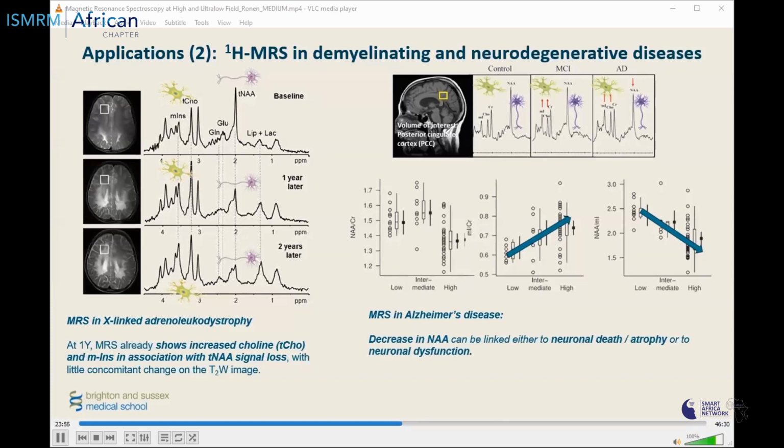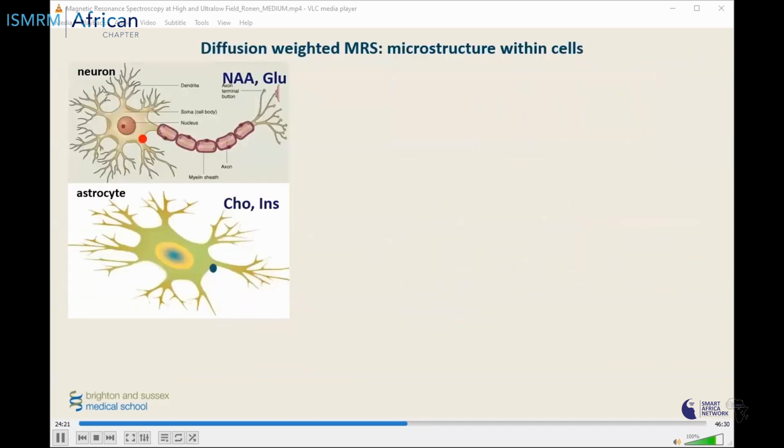So we have a decrease in NAA, which is linked either to neuronal death or atrophy or to neuronal dysfunction, and increase in choline and myoinositol, indicating either glial activation or glial proliferation. So either more glia or active glia, indicating some sort of immune response, possibly neuroinflammation in Alzheimer's disease.